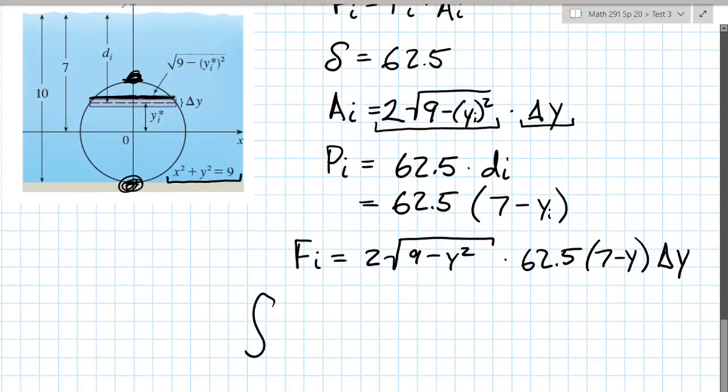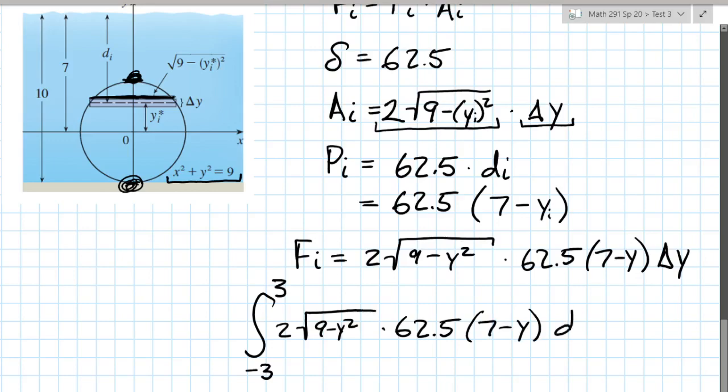Then, taking this limit of the sum, we can go straight to the integral from negative 3 to 3 of 2 root 9 minus y squared times 62.5 times 7 minus y dy.